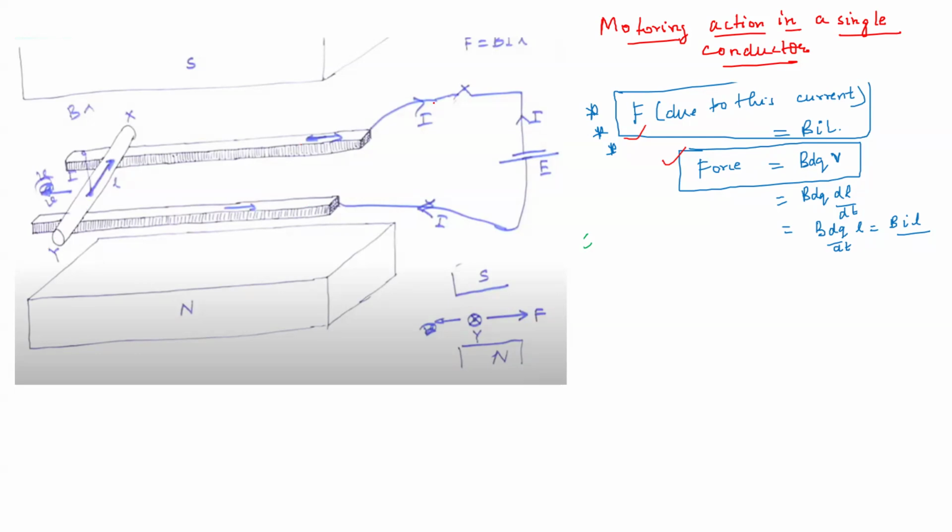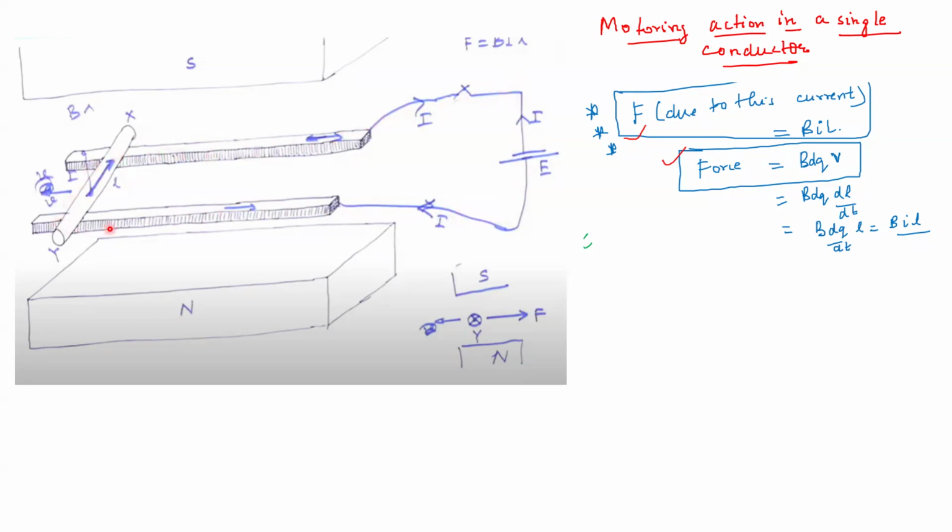If you connect some external wires and a battery through it, it will form a closed circuit like this. From this closed circuit, the current will flow.